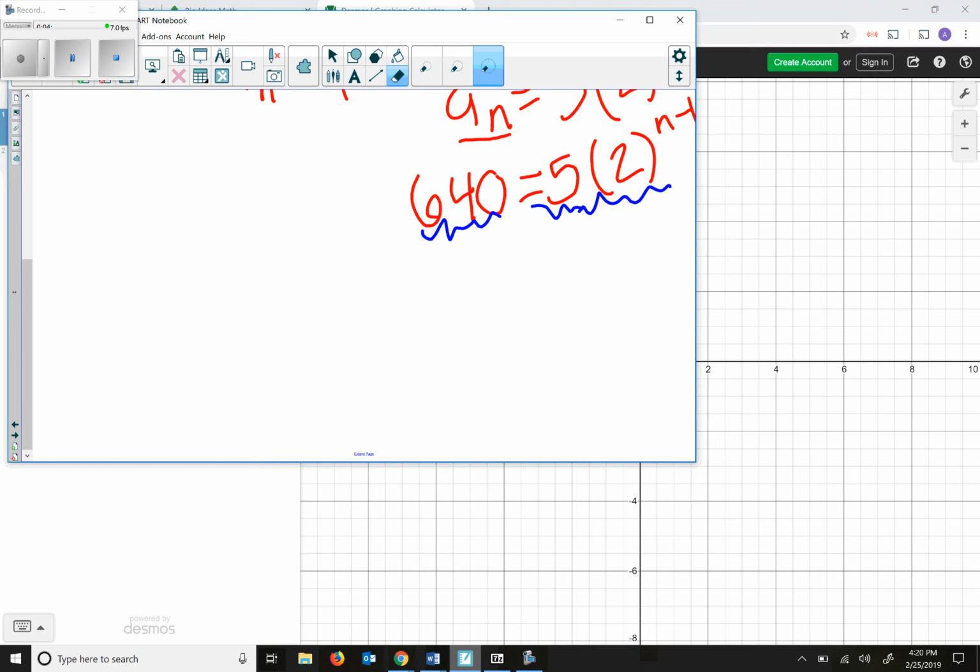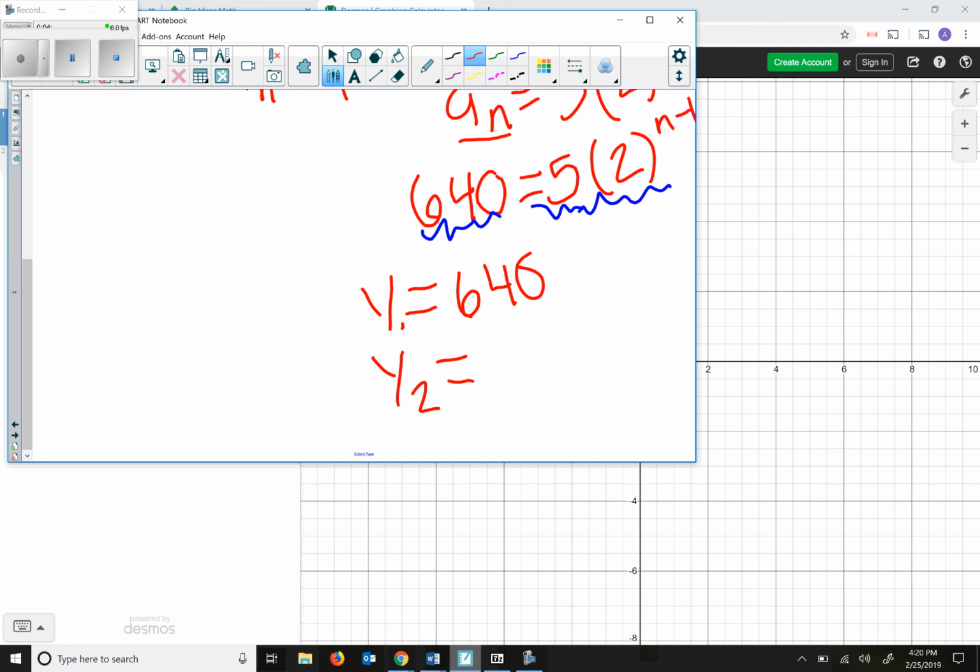So we are going to say that y sub 1 equals 640, and then y sub 2 is going to be 5 times 2 raised to the n minus 1.